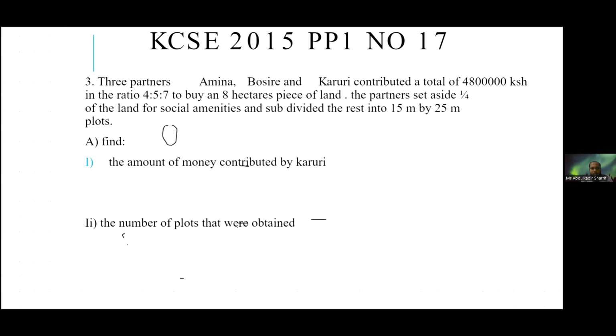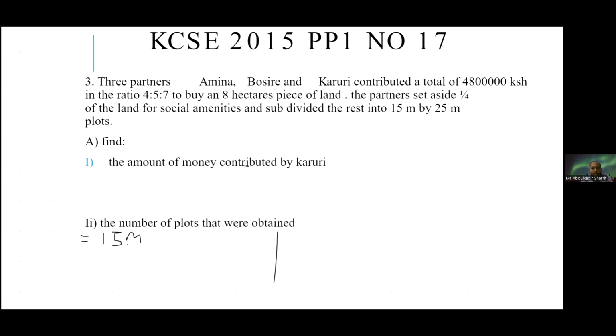Also, this one is an easy question. Not that hard. So how do you find out the number of plots? First of all, find the area. Your area of just one plot is 15 meters by 25. Okay. So that's the area of just one plot.